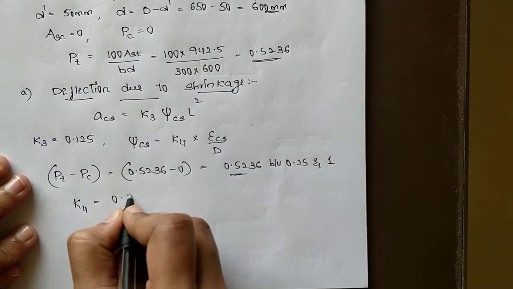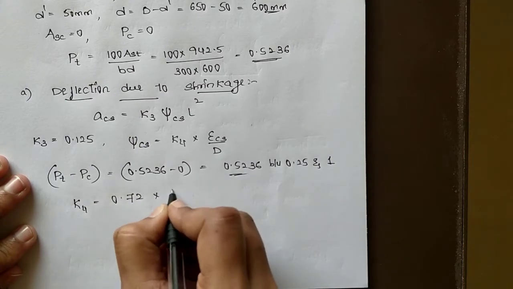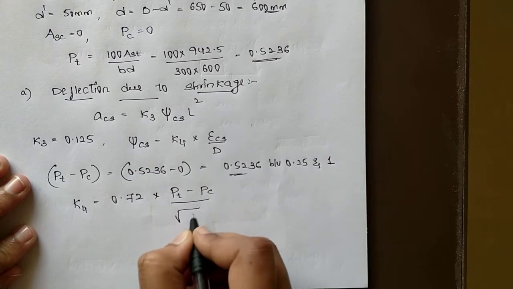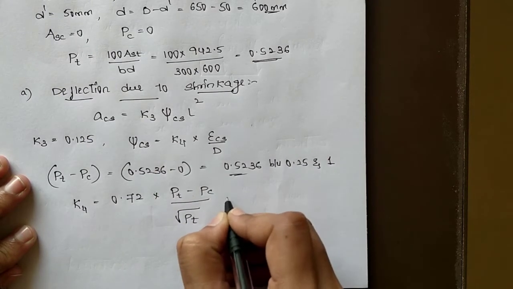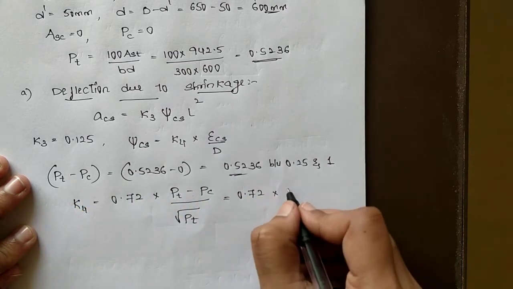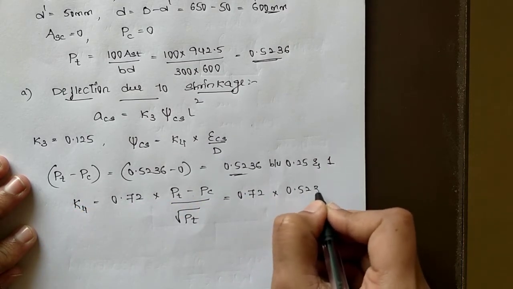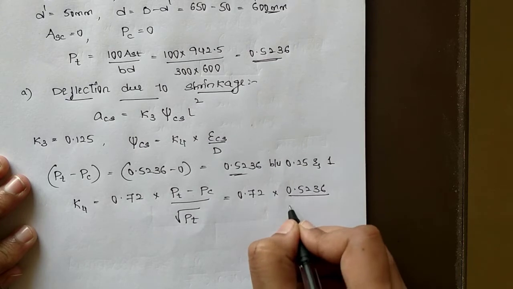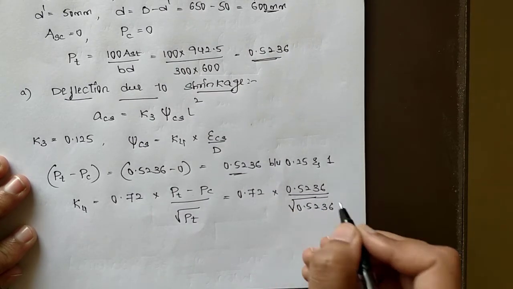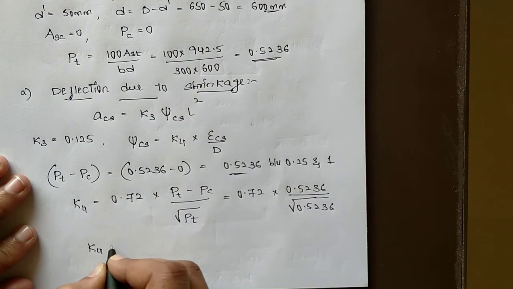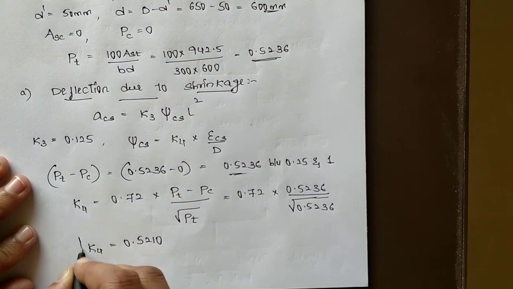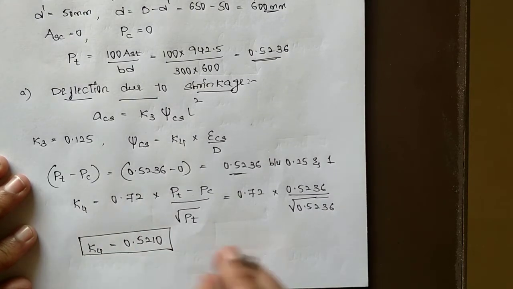It is given by 0.72 into pt minus pc divided by square root of pt. Substitute the values: 0.72 into 0.5236 divided by square root of 0.5236. Upon simplification, K4 you will get as 0.5210. This is your K4 value.